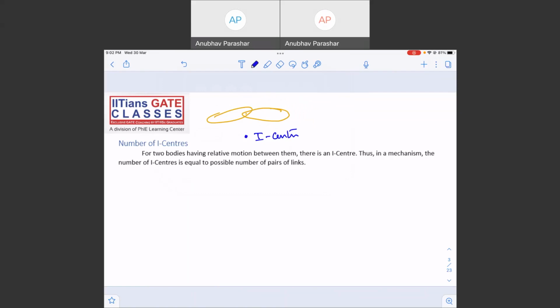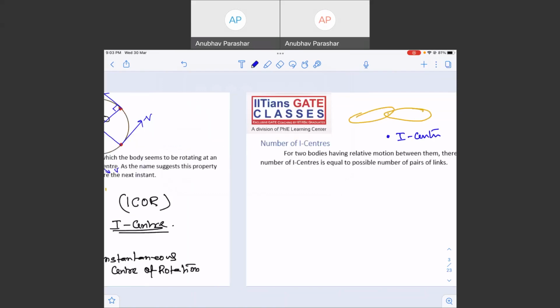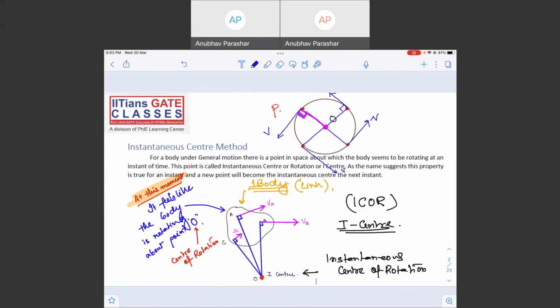This I center for a single body is very easy to find out. Simply find out a few velocities and draw perpendiculars to the velocities. The point where the perpendiculars to the velocities meet is the I center.